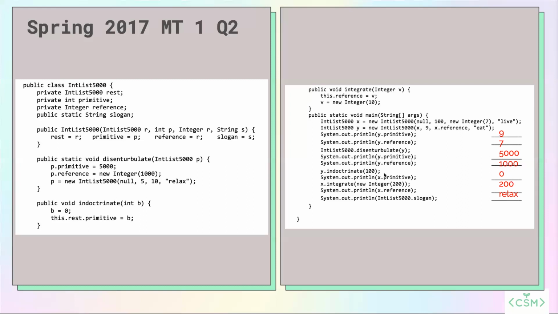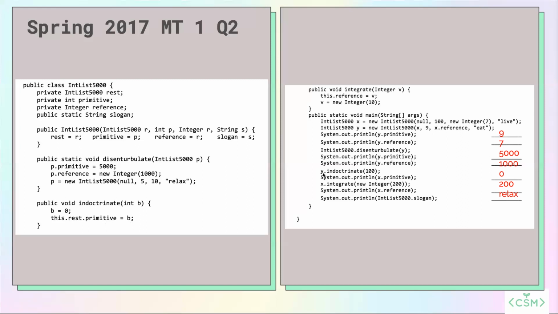Okay, so after this, then we call Y.indoctrinate on 100. So we go down here and we see indoctrinate takes in an integer. It sets that to be 0, and then it sets rest.primitive to be B, or 0. So what that means here is we have Y.indoctrinate.